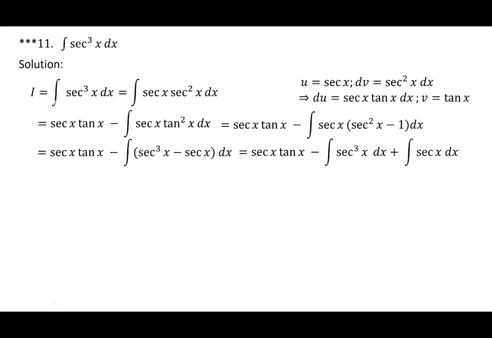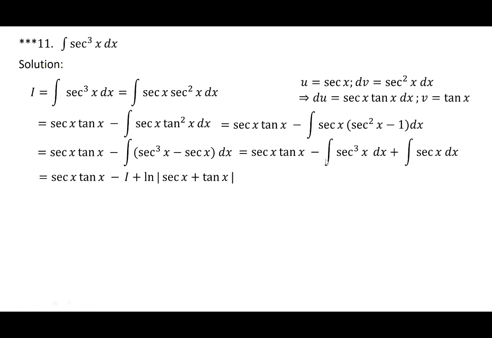We were trying to figure out integral secant cube x, and we ended up with a negative integral secant cube x dx. Not to panic, we'll replace this with an I. That's why I used I. Do we know integral secant x dx? Yep, that's a natural log of absolute value of secant x plus tangent x.